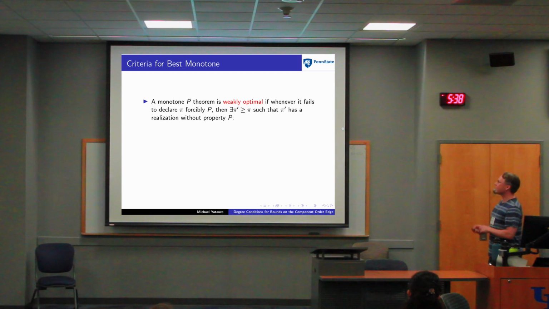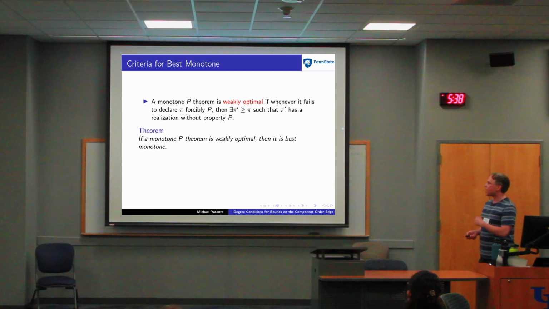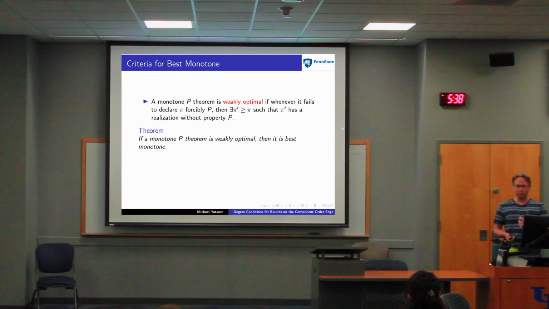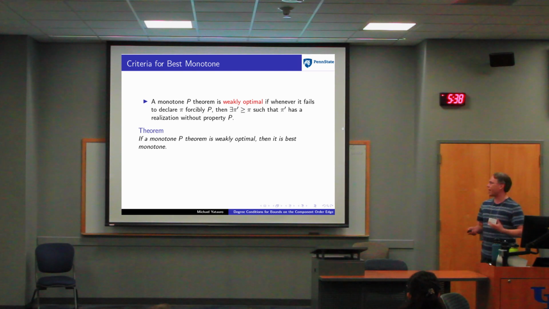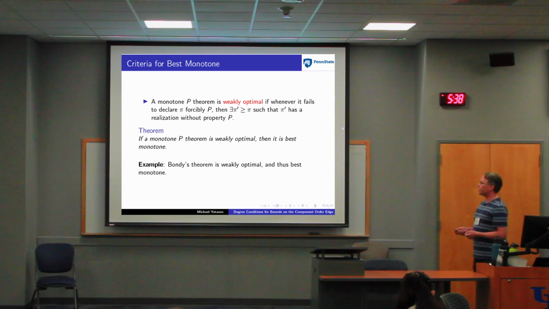And weak optimality is, let's say you have a graphical sequence and it fails the conditions. So now that's inconclusive, but you're guaranteed that there's a majorizing sequence that is not forcibly P. Okay? That's the weak optimality, and that would imply the best monotone. And in fact, yours would catch the most graphical sequences that are forcibly P out of all the monotone P theorems. So that's pretty significant to know.